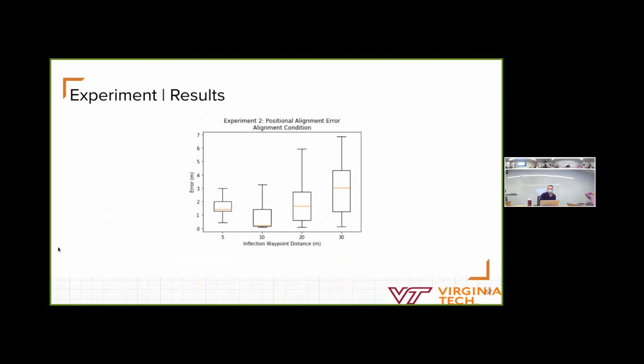And so we can look at that more closely. I should have just gotten rid of these animations. That's just to show that we had significance. And it's taking a while to load. But we showed that for some reason, this 10-meter condition performed way better than all the others.